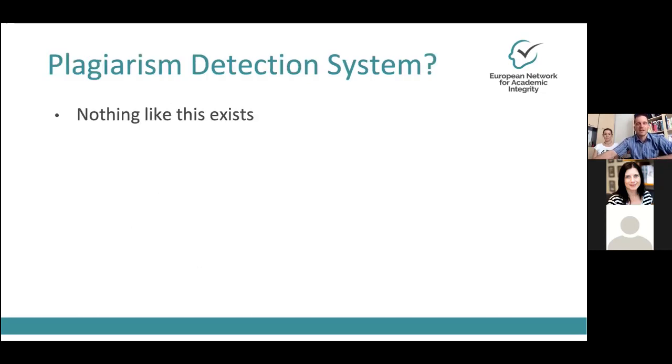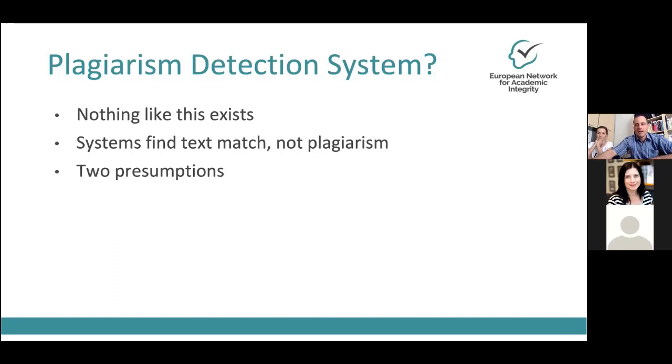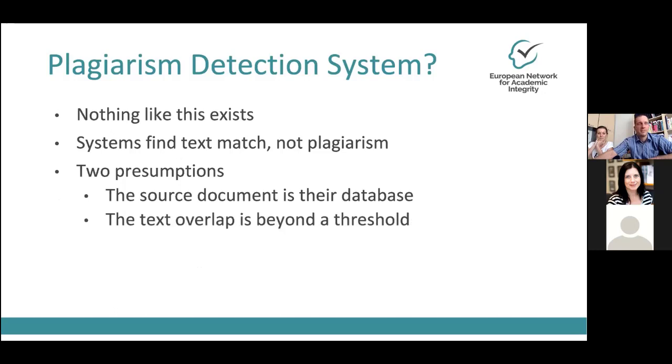So nothing like a plagiarism detection system exists. Systems find text matches, not plagiarism, and they find them under two presumptions. First, that the source document is in their database, and second, that the text overlap is beyond a threshold, so the system decides to display it.